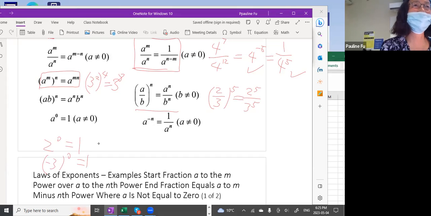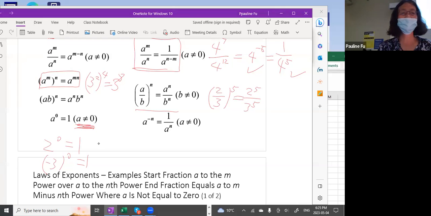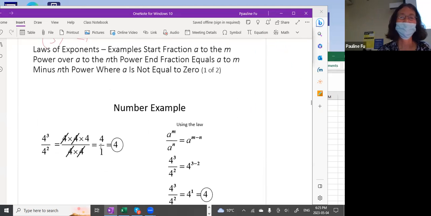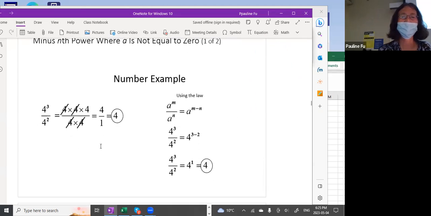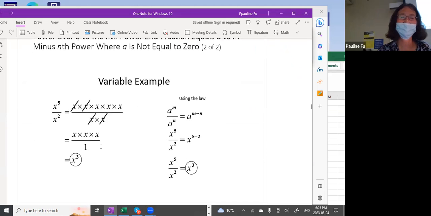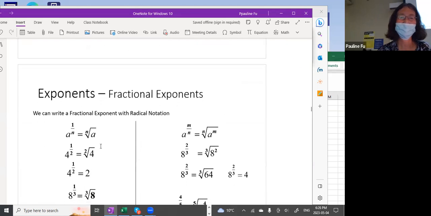Yeah, so anything raised to power 0 is 1. Anything except 0, raised to power 0 is 1. And then 4 raised to power -5 equal to what? Based on this rule. Yeah, 1 over 4 raised to power 5. So we already did this exercise. Hope you can go over it by yourself.